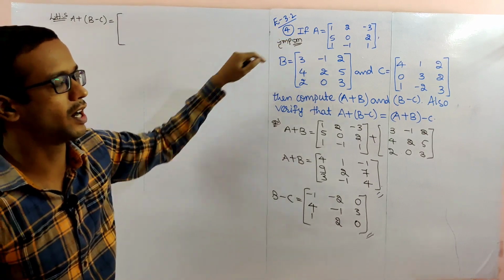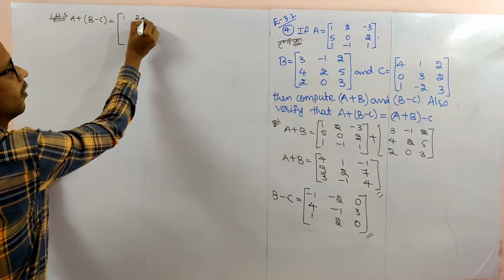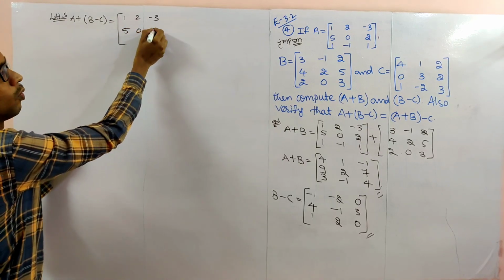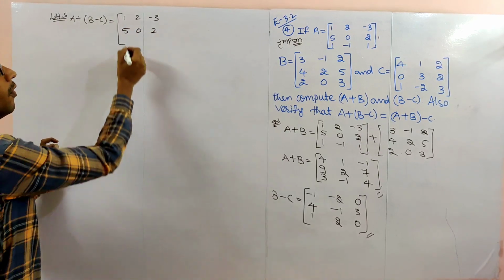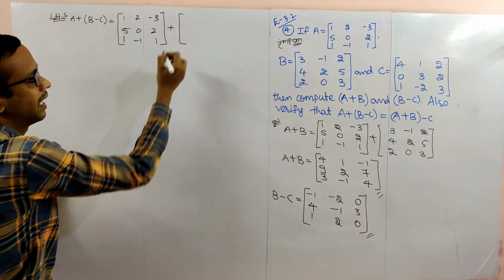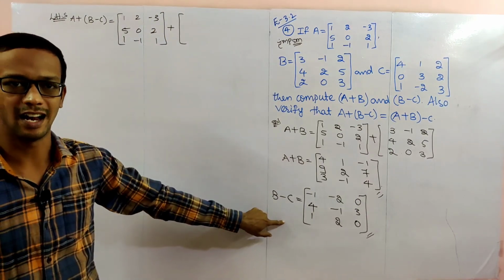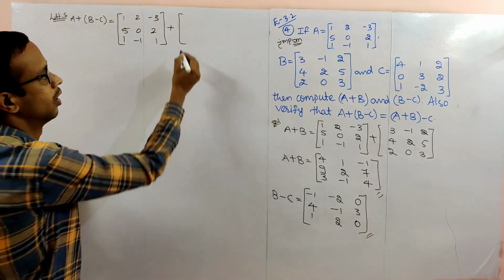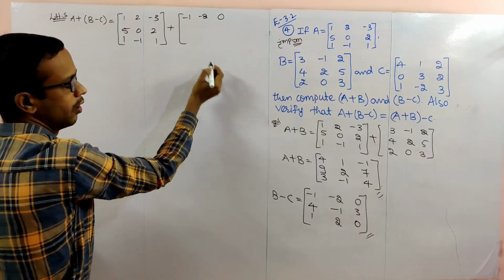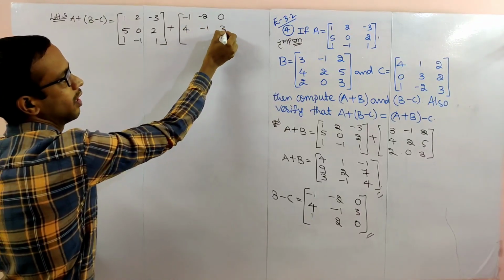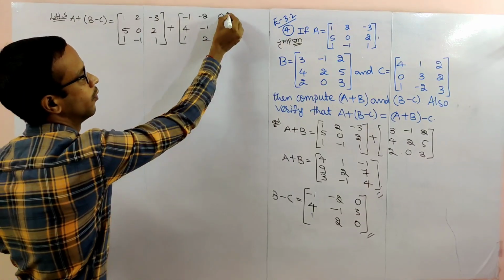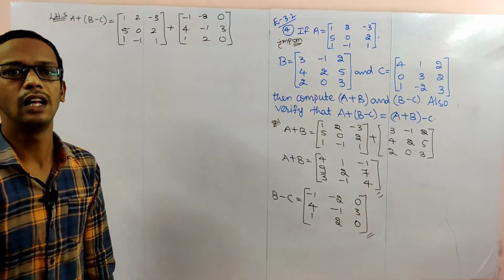A matrix is 1, 2, minus 3; second row 5, 0, 2; third row 1, minus 1, 1. Plus B minus C. What is the B minus C matrix? We already did it, so substitute here: minus 1, minus 2, 0; 4, minus 1, 3; and the last row is 1, 2, 0.